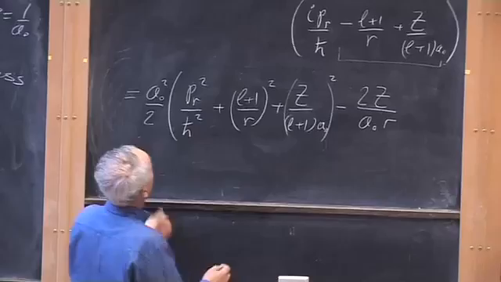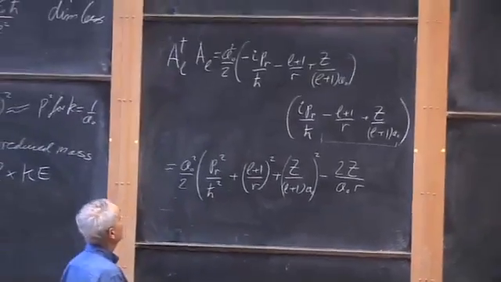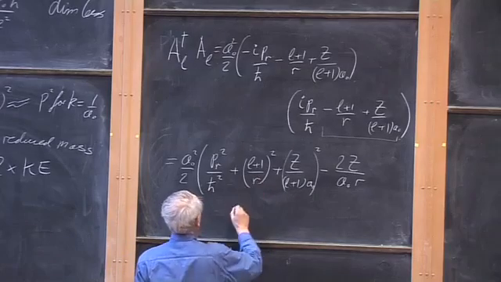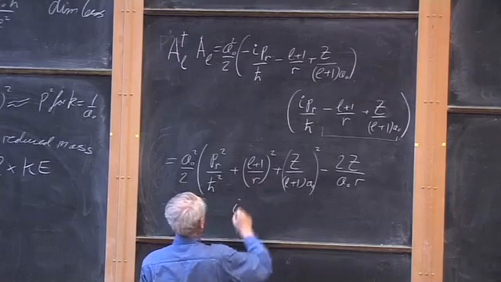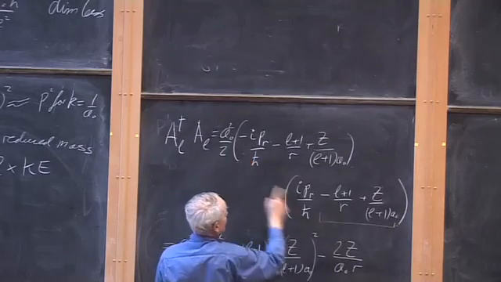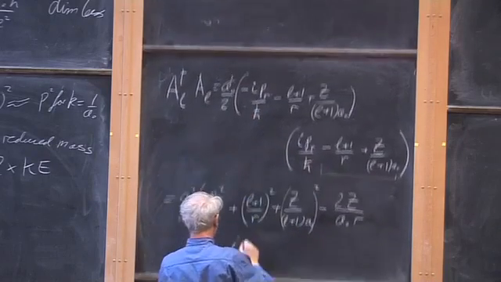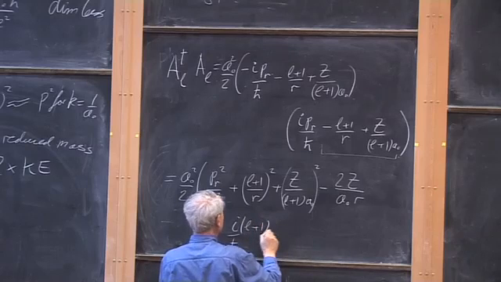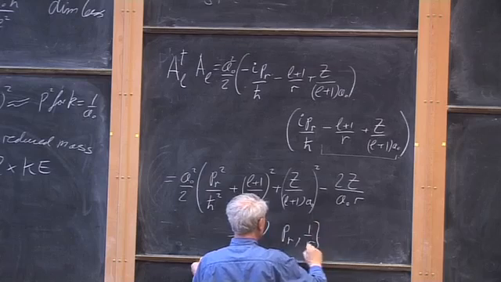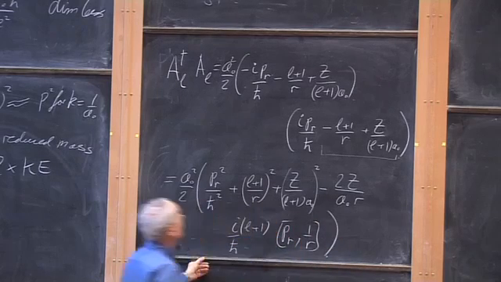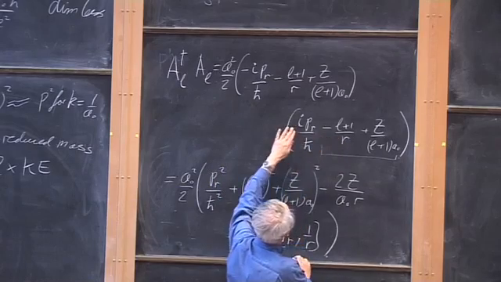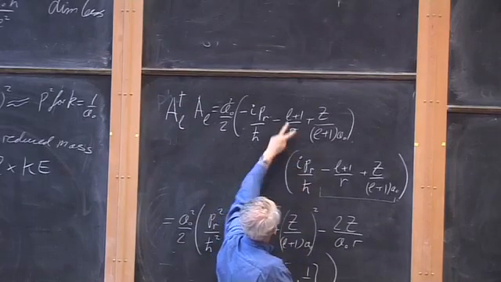So the extra term that arises because we're working with operators is going to be i over h bar. So this minus sign and this minus sign cancel. We have that (l plus 1), and then I have a big bracket P_R, comma, 1 over R, close big bracket. That's what I'm going to get from this term on this term.